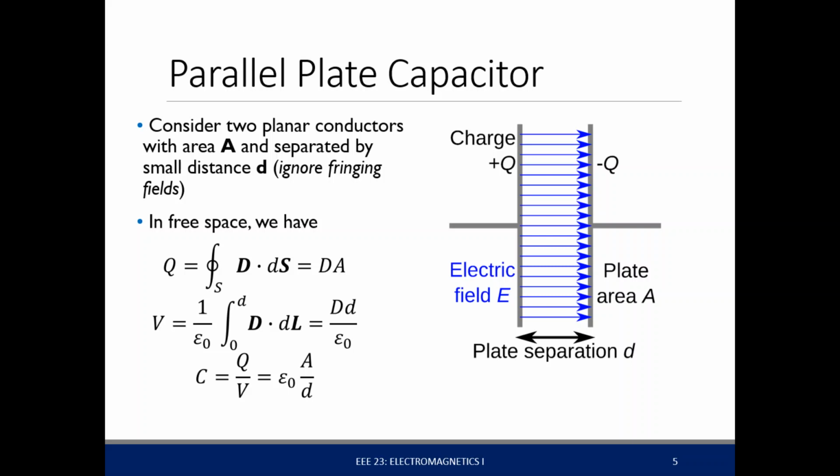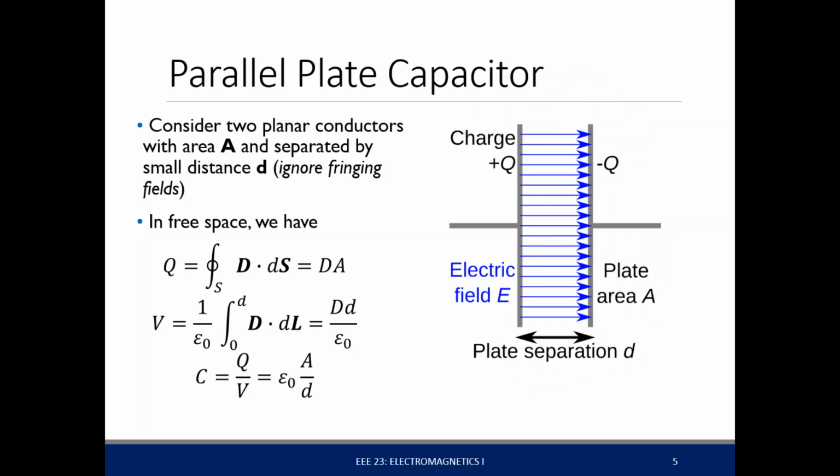This small distance ensures that the electric field that is not normal to the plates is negligible. So we're only considering the electric field that is normal to both parallel plates.